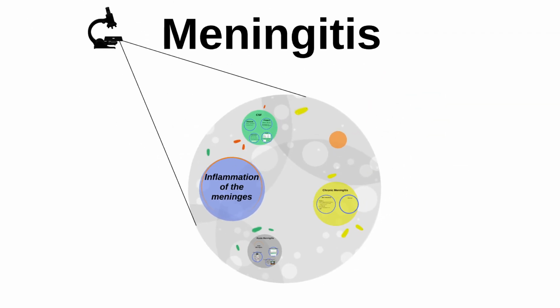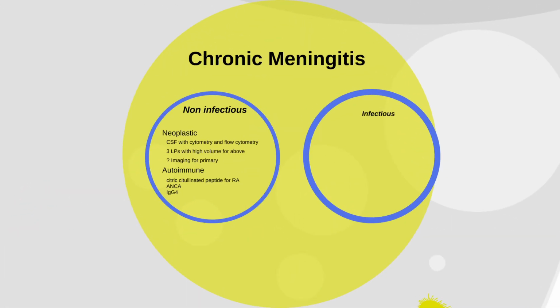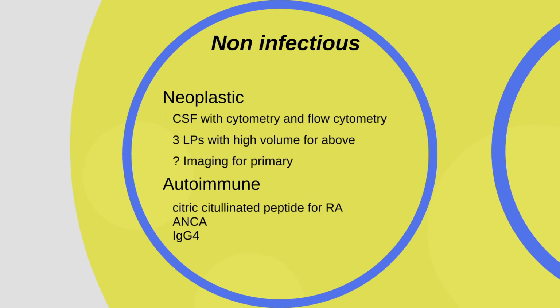Now, turning our attention to the chronic meningitis, it breaks down into either infectious, which we'll talk about in a second, or non-infectious. And in the non-infectious category, we see either neoplastic or autoimmune disorders. And so the workup has to entail a lot more evaluation of the spinal fluid, looking for neoplastic cells.